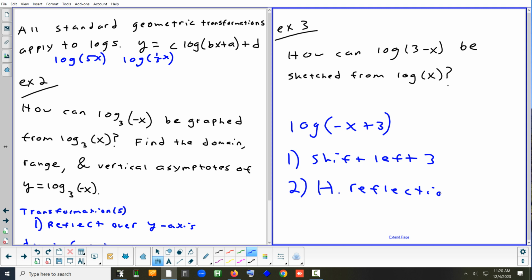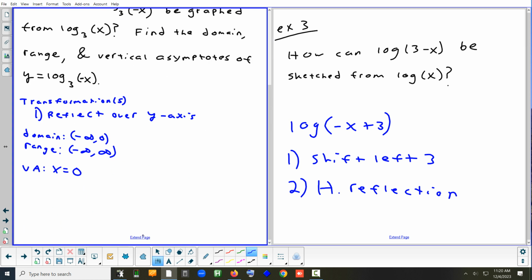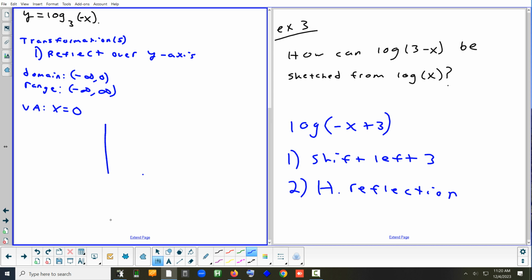So now, if I asked for the vertical asymptote, is the vertical asymptote going to stay in the same spot? Is it still going to be x equals 0? No, because it's been shifted. Here's your log. It's going to still curve. Let's just do log plus 3 inside.